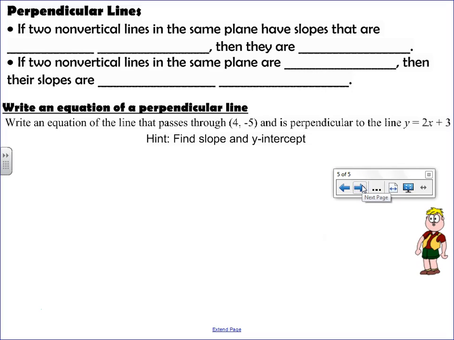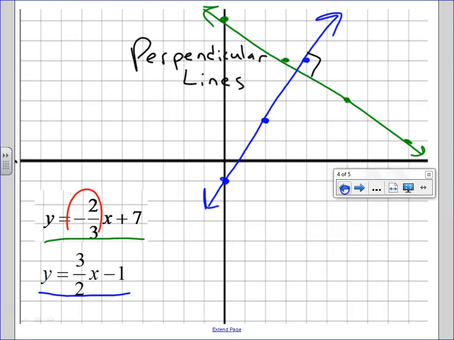So perpendicular lines. When we talk about perpendicular lines, their slopes are going to be opposite reciprocals. So this slope is -2/3.